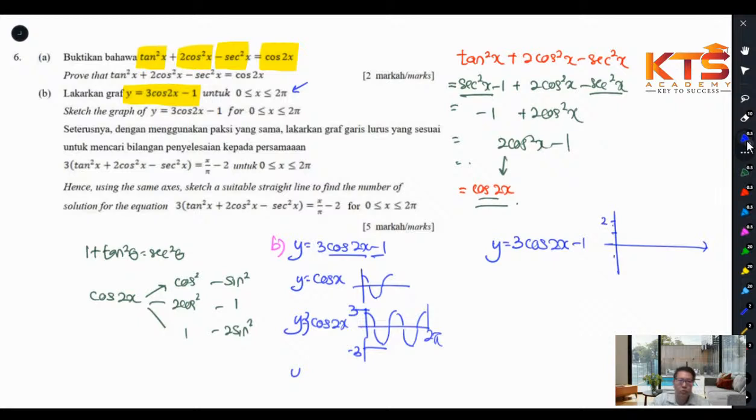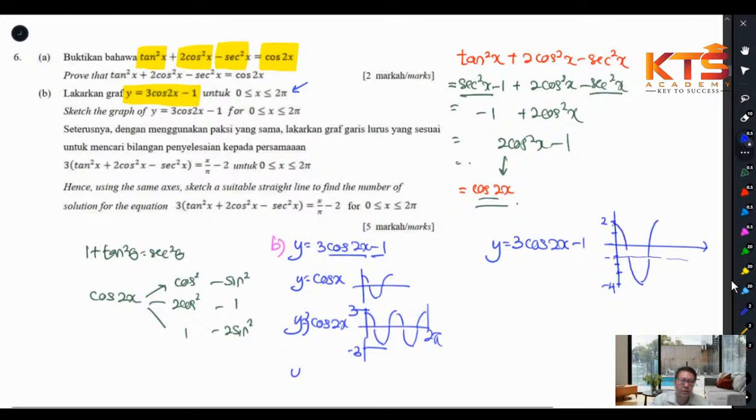From 1 to 0, negative 3 move down to negative 4. One cycle, 2 cycles. This is 2 pi. Done. It is a little bit faster than just now, right or not?